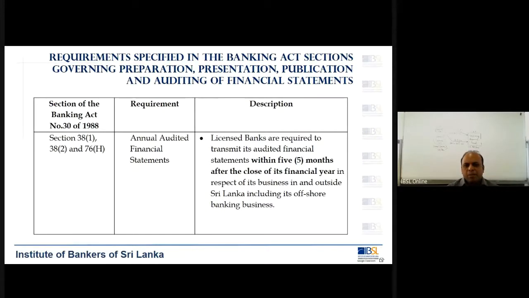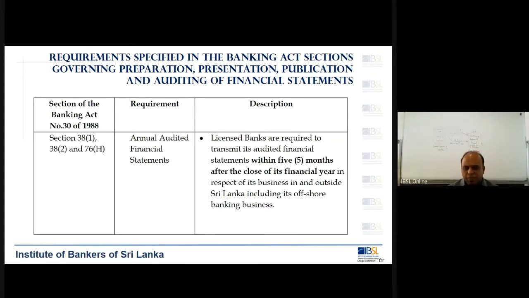38(1), 38(2), and 76(h) also talk about licensed banks being required to transmit audited financial statements within 5 months after the close of the financial year. Now, this is again very important. We know that you need to publish your financial statements, but when? This is from the year-end closure, within 5 months.